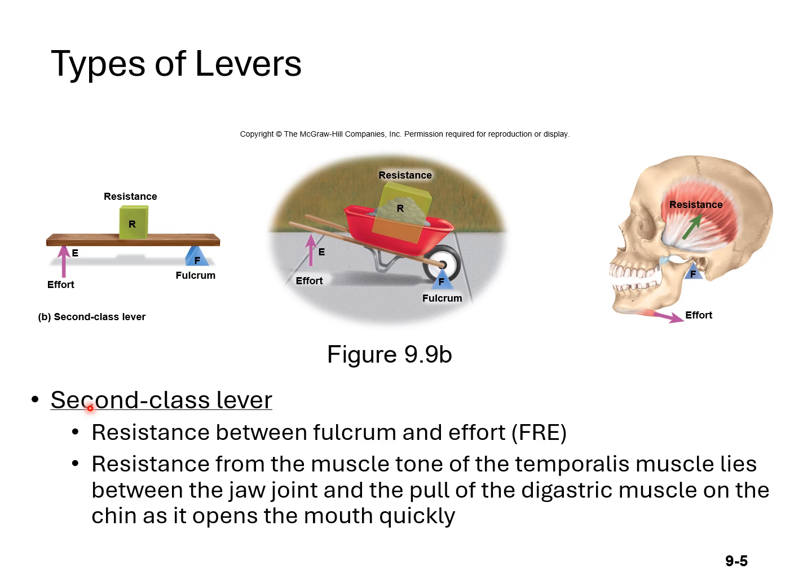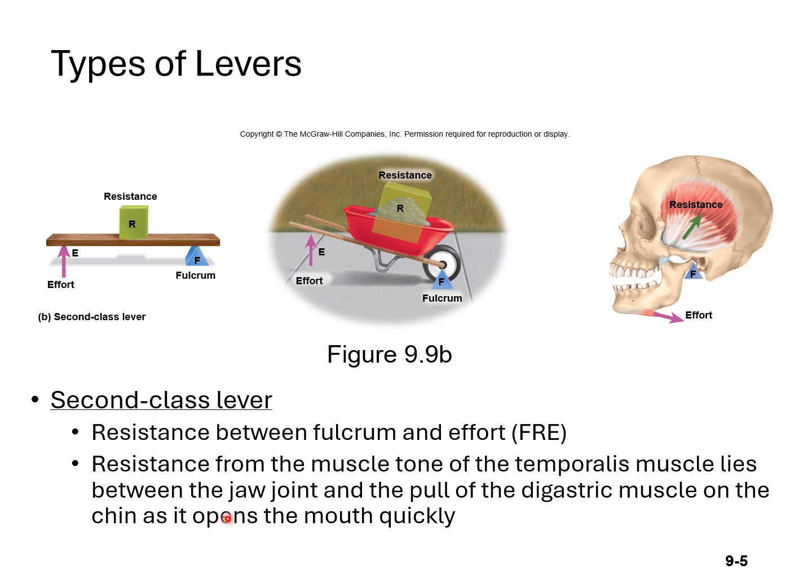Second class is a little confusing, but this is when the effort and resistance are on the same side of the fulcrum. This would be a wheelbarrow, where the resistance is in the barrel. You have the wheel, which is going to be the fulcrum, and you would lift it with the arms, and that would be the effort.